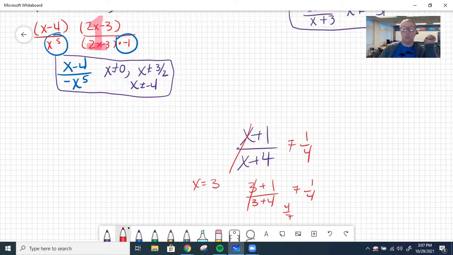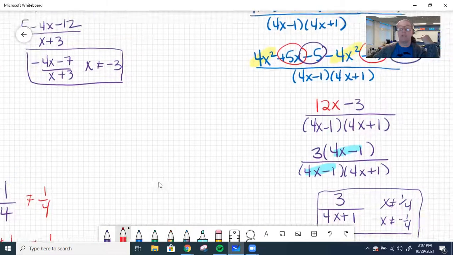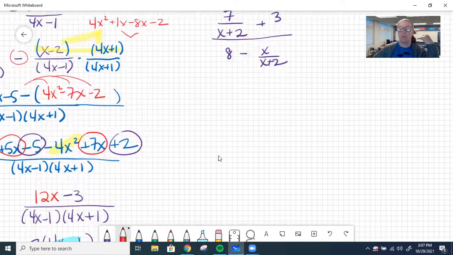And I get why you want to, because it works with multiplication. If you had x times 1 over x times 4, that really does equal 1/4. If I put 3 in for x, 3 times 1 over 3 times 4, that's 3/12. That is 1/4. It works with multiplication. It does not work with addition and subtraction. So just be really careful of that, because it is so easy to fall in that trap. Do not let yourself get tricked.